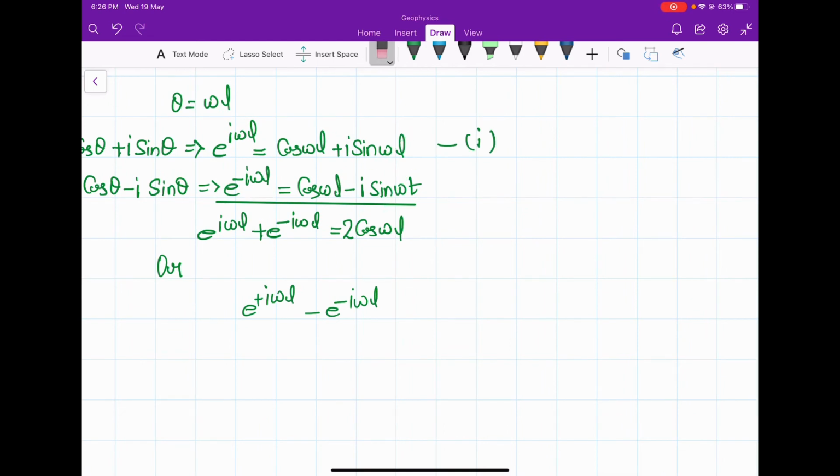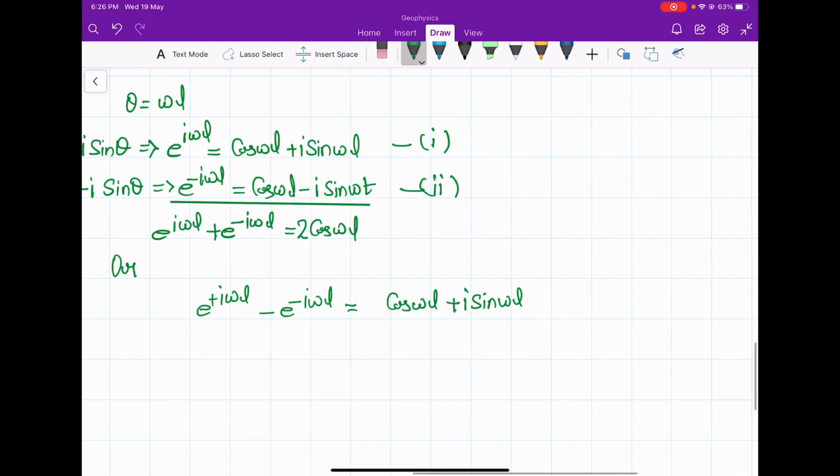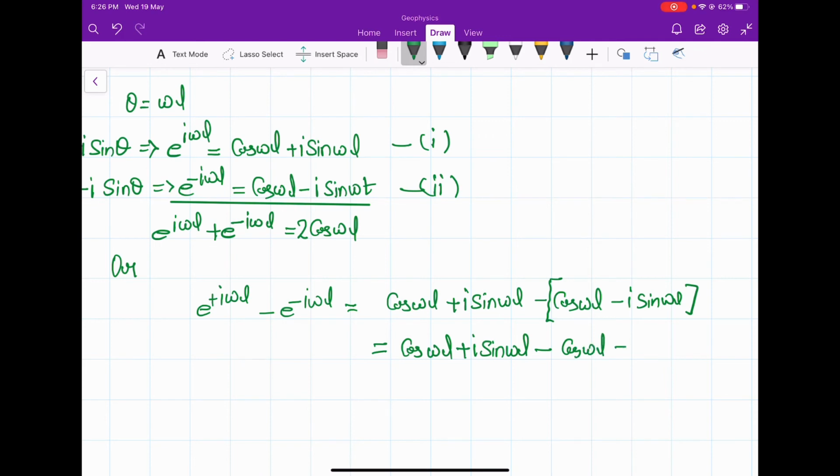So that will be equation 1 and equation 2. That will be cos omega L plus i sine omega L minus, in bracket, cos omega L minus i sine omega L. If we simplify, that gives cos omega L plus i sine omega L minus cos omega L plus i sine omega L. The cos terms will cancel out because the first term is plus and the third term is negative.